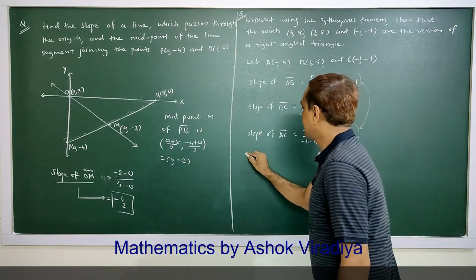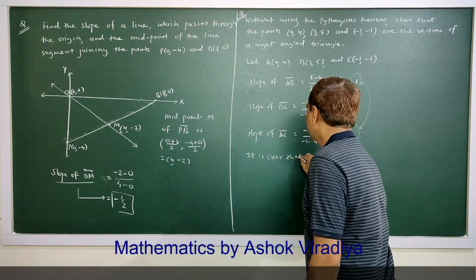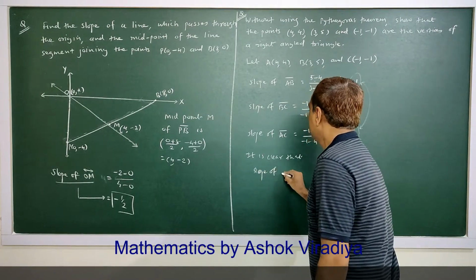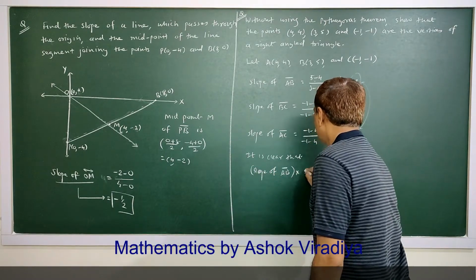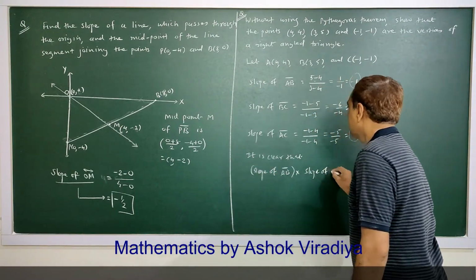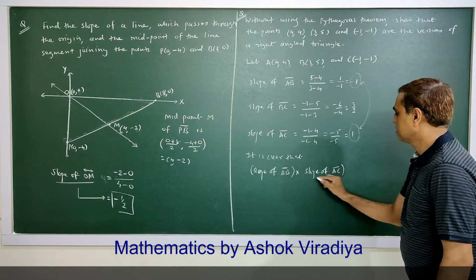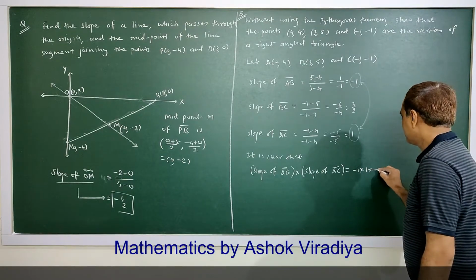So from this calculation it is clear that the slope of line segment AB into the slope of line segment AC is equal to minus 1 into 1, that is minus 1.